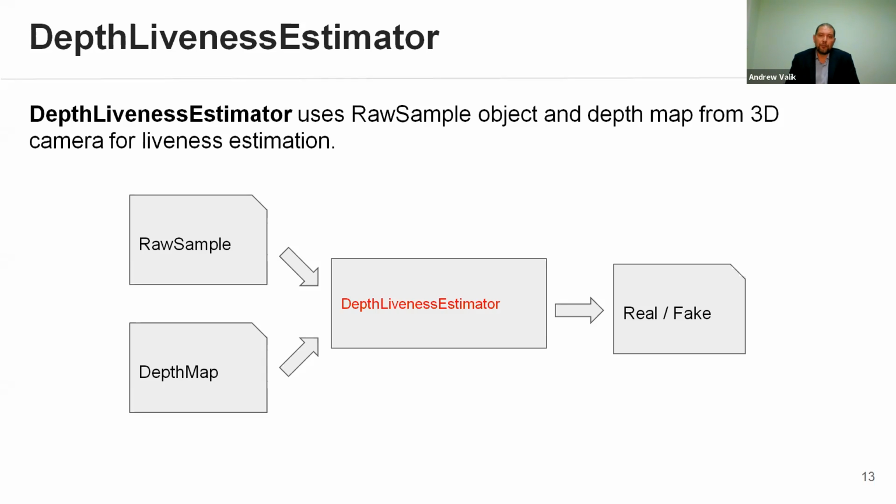We recommend using this when you need a fast depth estimator, a fast LivenessEstimator, because liveness could be two-dimensional or three-dimensional. Two-dimensional uses a usual RGB camera, but can be spoofed by some big image, some big picture or video.